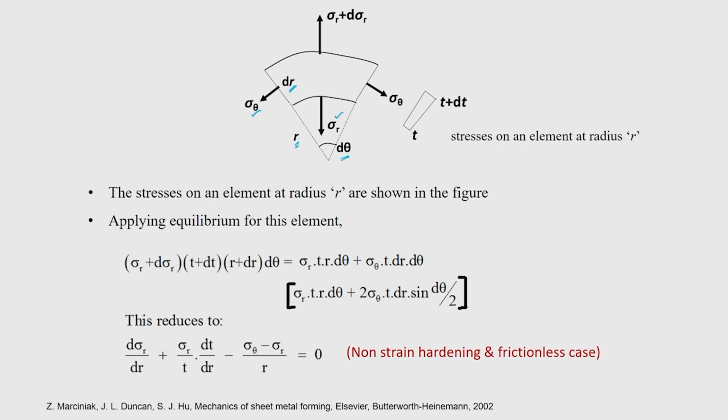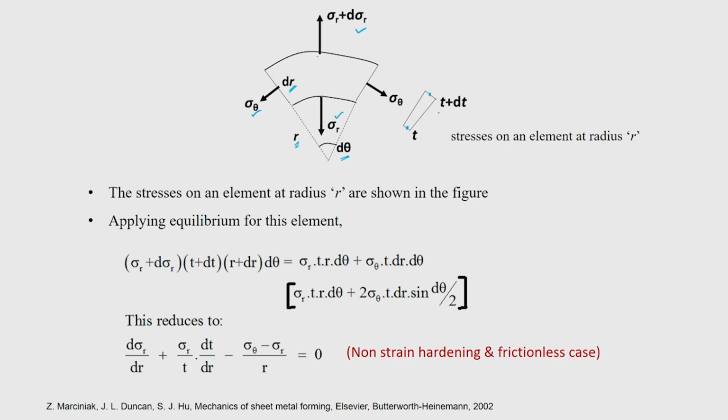We know that at a gap of dr distance, from this to this, there will be some change in sigma r, which we are going to call sigma r plus d sigma r. And from the thickness direction, though we say t naught is the initial thickness, during deep drawing in the flange region there will be slight thinning at the die corner somewhere here, and slight thickening at the edge of the flange, t plus dt.